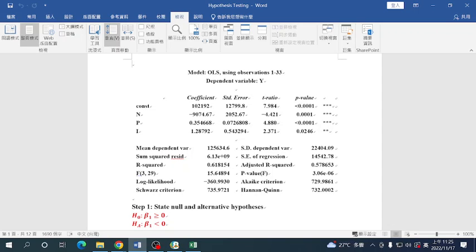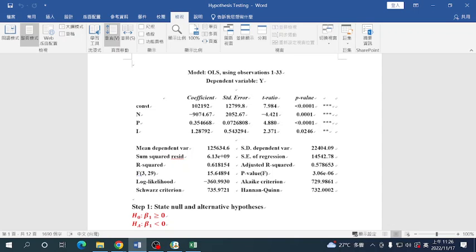So what do I say from here? What do we mean by the model is good or bad? If this model is useless, what do I mean? It means all the betas equal zero. If the model is useless, all the betas are zero.